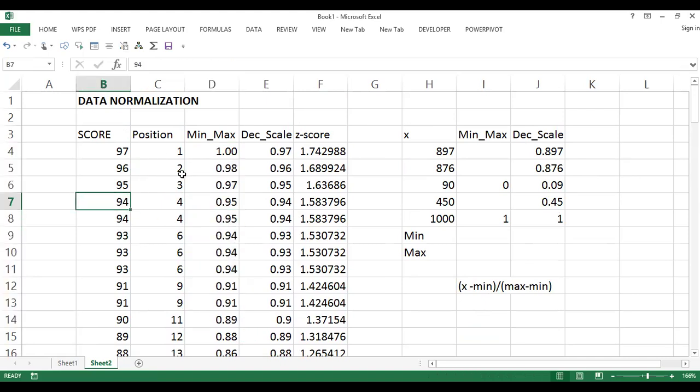Because you see the relationship between this number and this number, the value of this 97 relative to 94 is the same as 0.97 relative to 0.94. It's the same. Are you following? Yes. So nothing is lost at all.